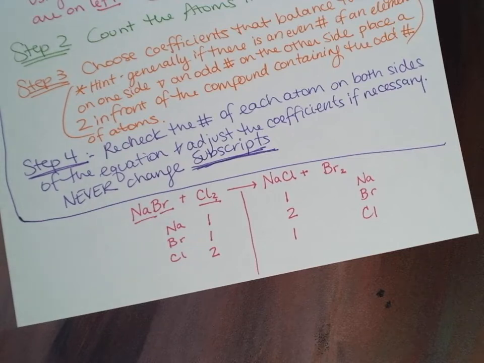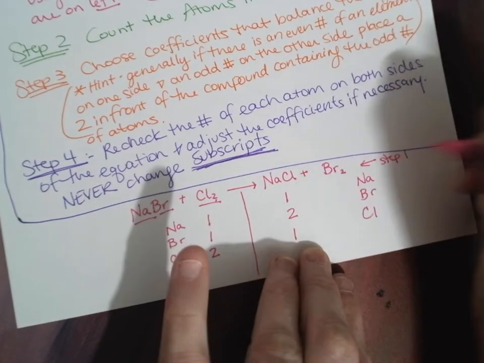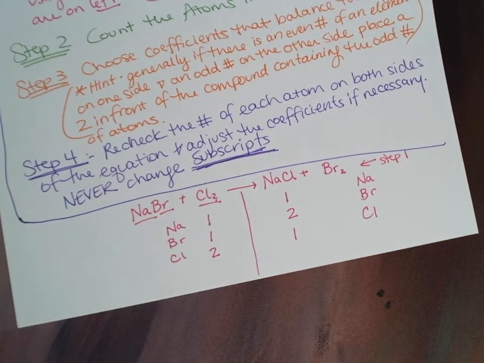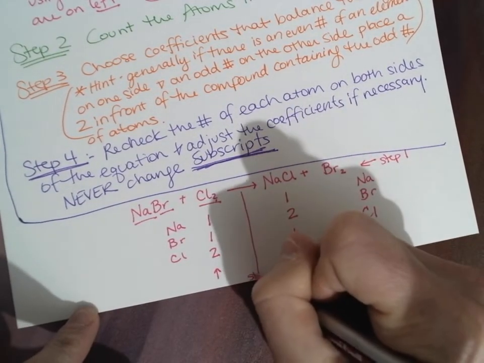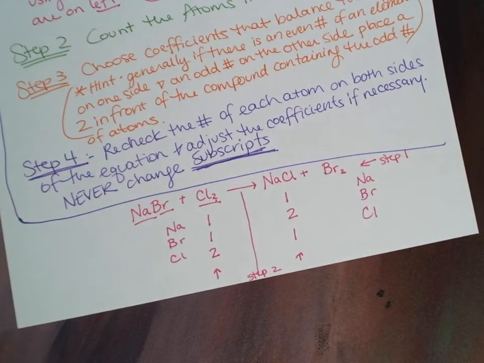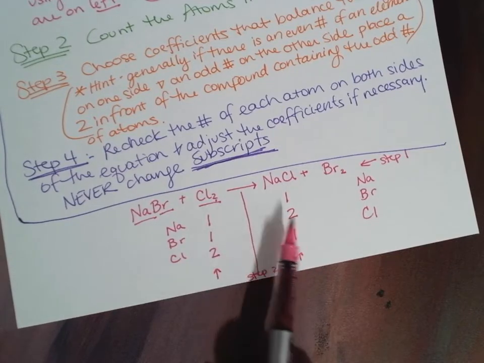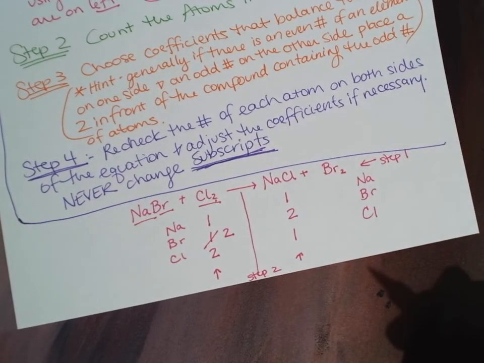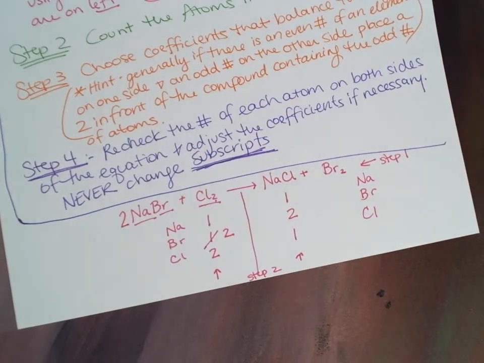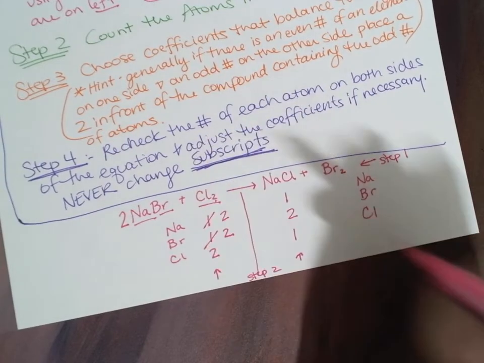Okay. So step 1 was writing this. Step 2 was writing our numbers here. Step 3 is deciding on some coefficients. What number can I multiply this by to get 2? Well, I can change this to 2. If I put a 2 coefficient out front, then I also now have 2 sodium.